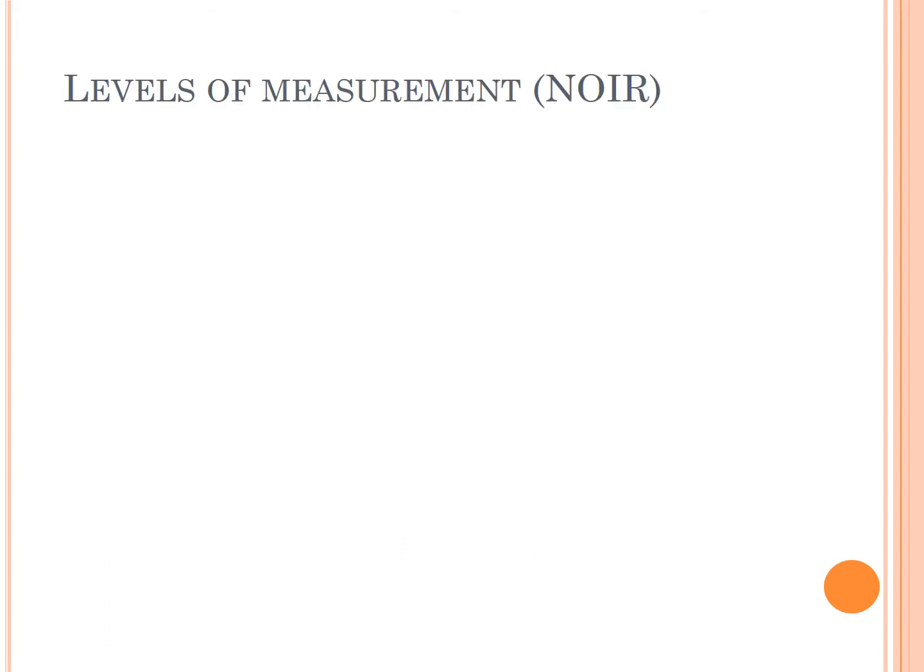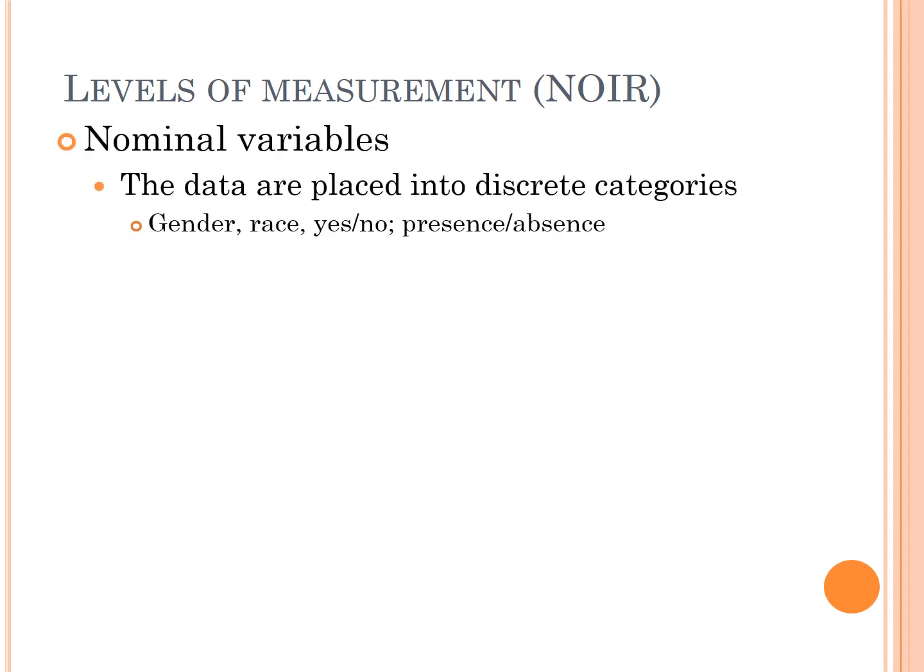So now let's look at different types of measures or levels of measures. First, we have nominal variables. These are variables that are represented by distinct categories. So you have gender, and your options might be male or female. If you have race, African American, Hispanic, Asian, Caucasian.